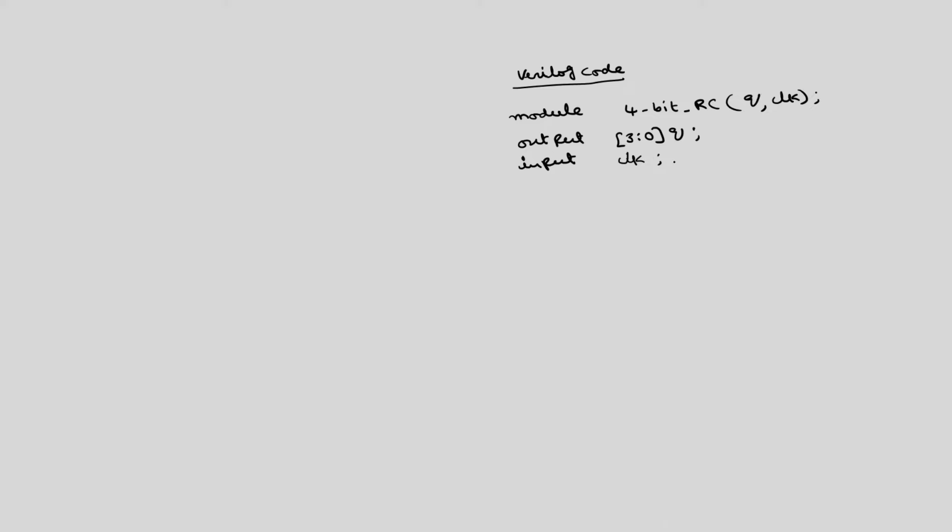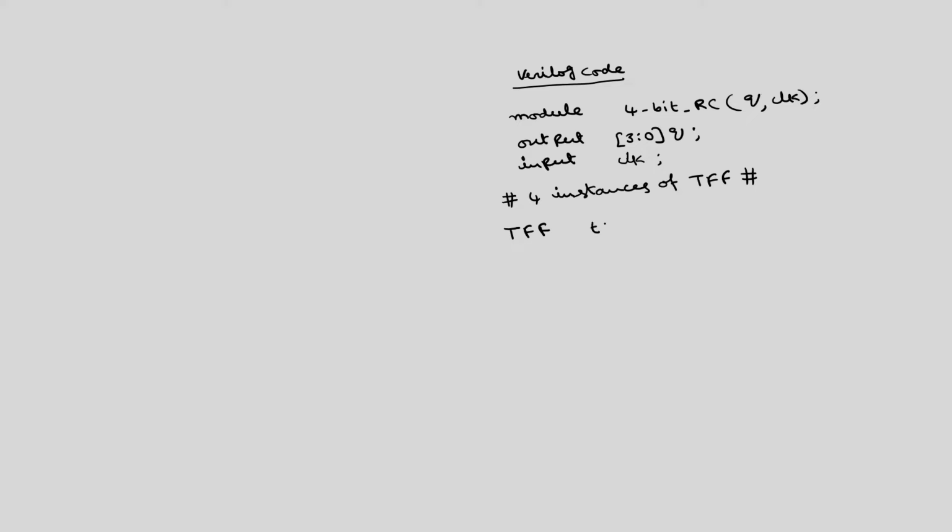This T we are going to derive from the D, right. So, we have 4 instances of T flip flop. The name that we have given for the T flip flop is TFF.